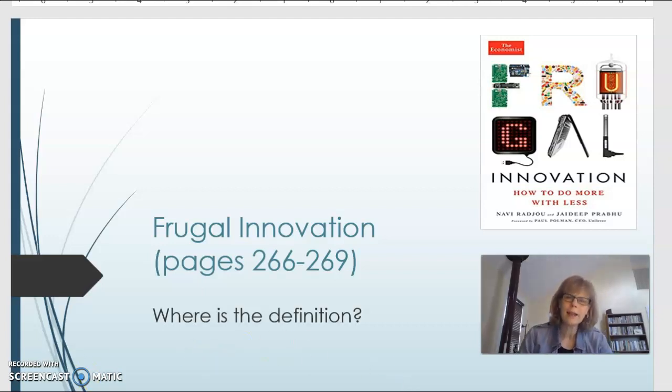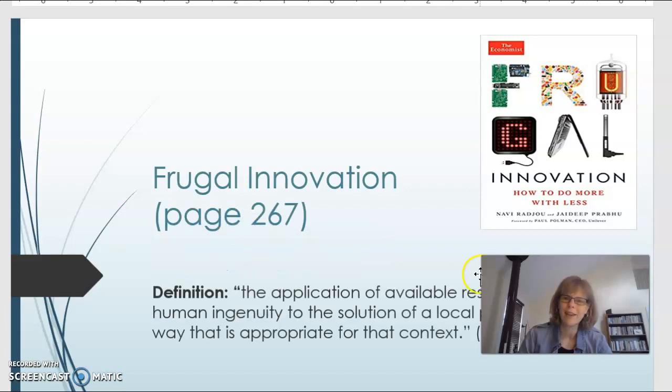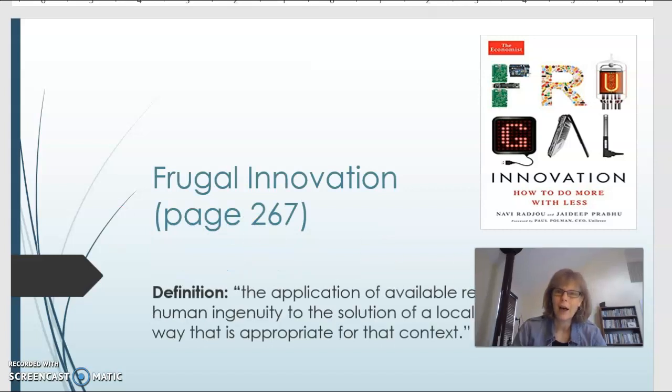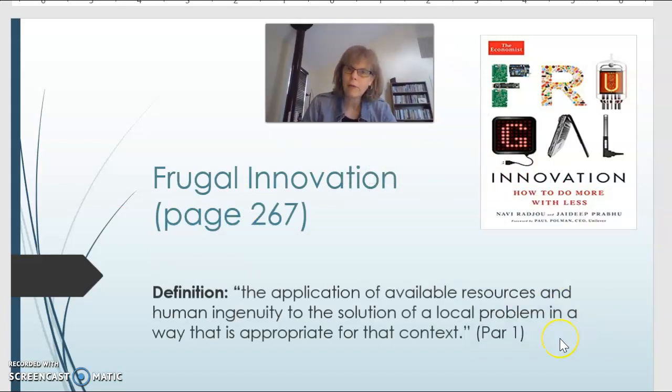So I highlighted this definition in your article. This is paragraph 1, and it says the application of available resources and human ingenuity to the solution of a local problem in a way that's appropriate for that context. So it's kind of a lot. Paragraph 1 is long. It's the whole introduction.